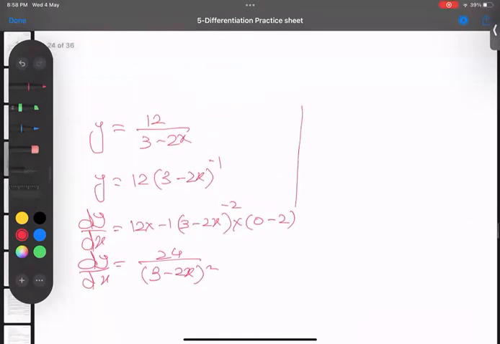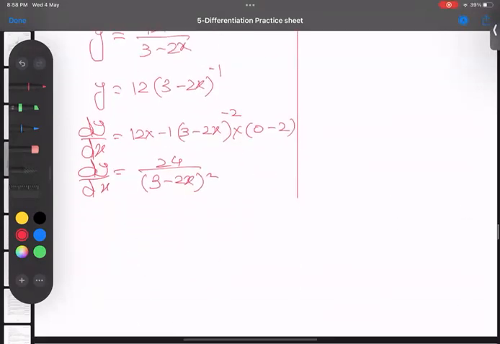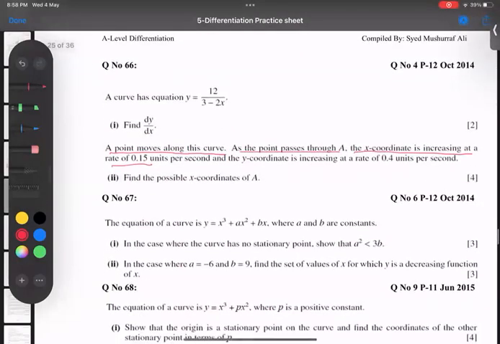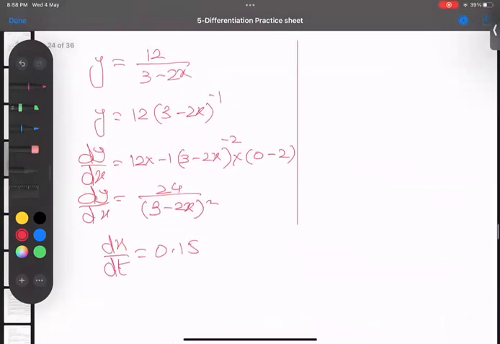Make sure of one thing: dx over dt is given as 0.015. Let me recheck. Yes. And dy over dt is also given as 0.04.